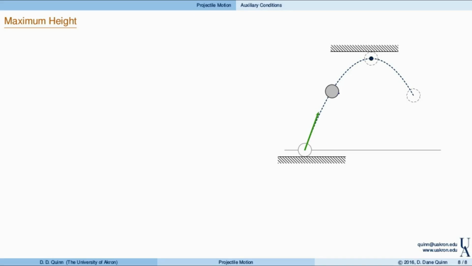Another auxiliary condition that we can look at is the maximum height. So let's assume that the maximum height is given as y equals y star. Perhaps there's a ceiling here that we just want to come up and graze before coming back down.